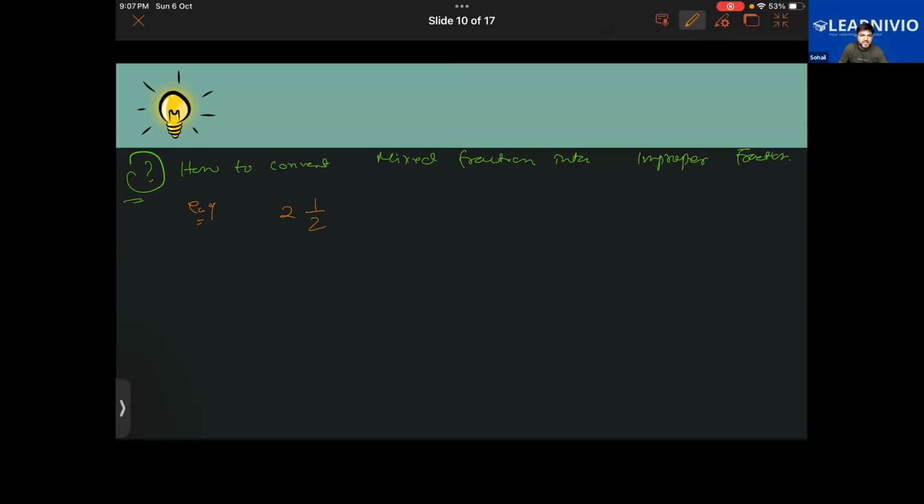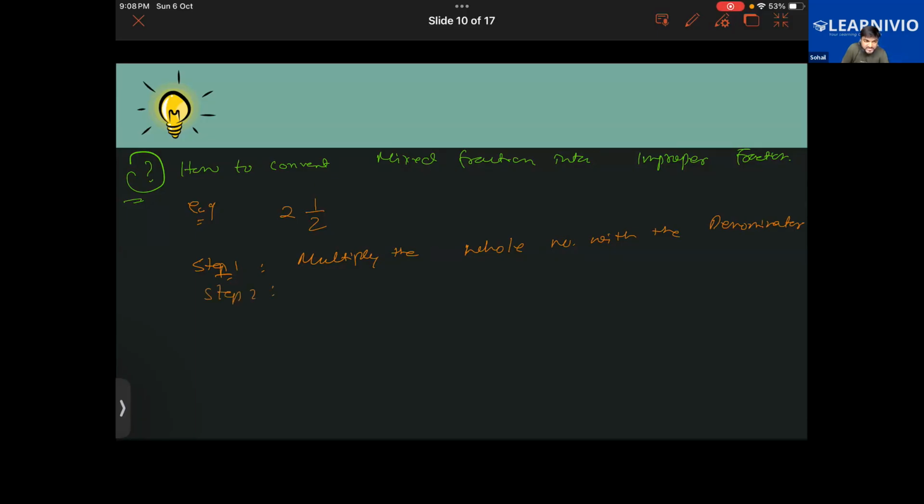In order to convert a mixed fraction into an improper fraction, the thing is that step number 1 is to multiply the whole number with the denominator.